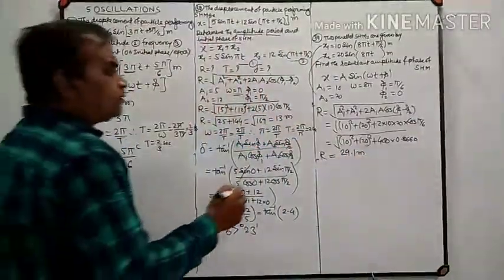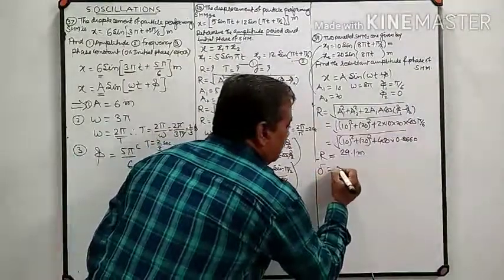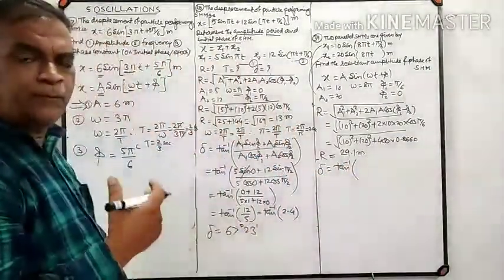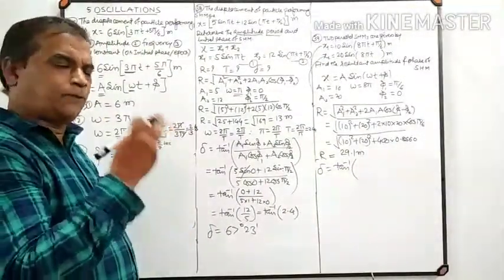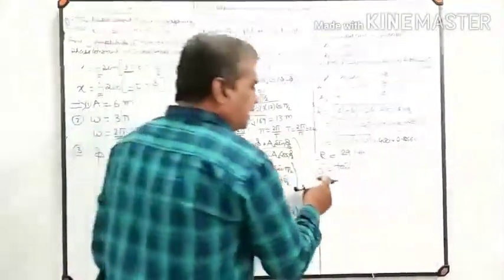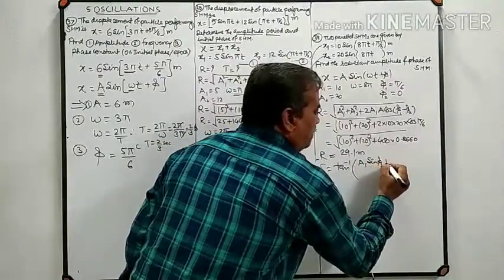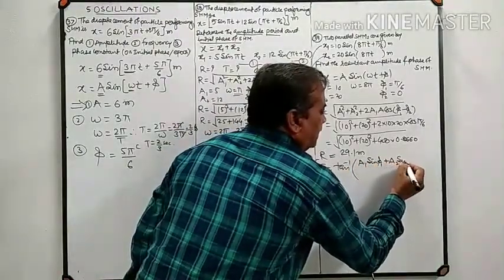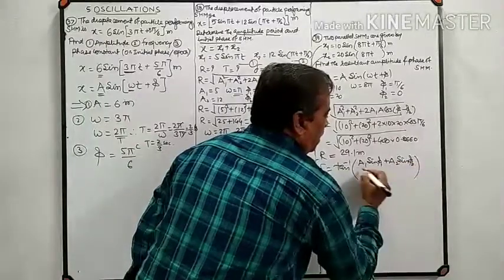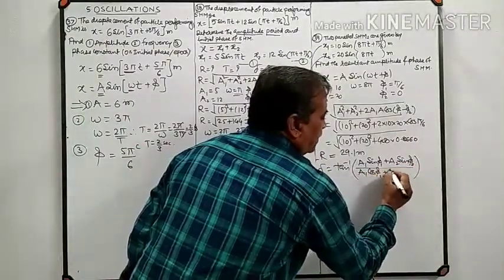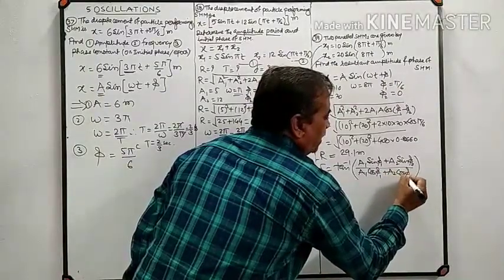Then we have to find out the initial phase delta. Initial phase means the initial phase of two SHM performed by the same particle. Delta is equal to tan inverse of A1 sin of phi 1 plus A2 sin of phi 2 upon A1 cos of phi 1 plus A2 cos of phi 2.